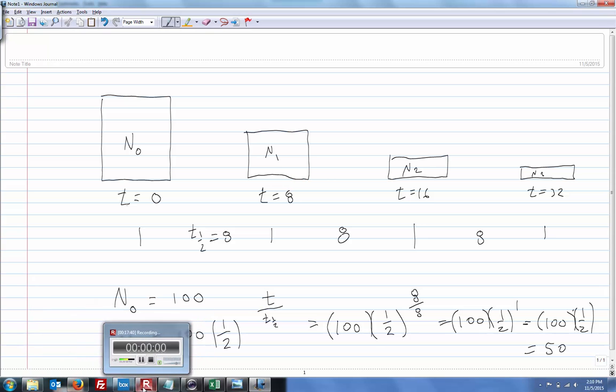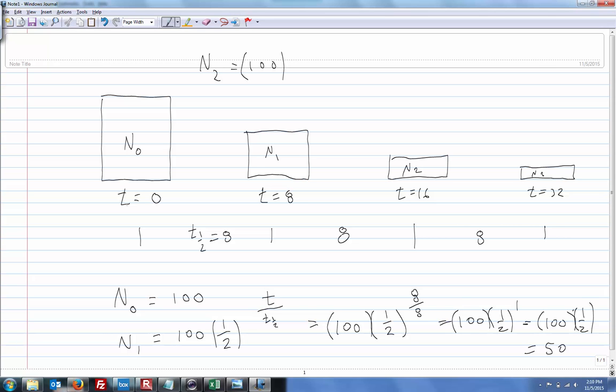Okay. So what if you did N2, would that be 16 over your half-life? Yeah, let's try it out. N2 we'll do really quickly. N2 equals 100, and then we're going to do 1/2, t equals 16, yep. And then you still have 8 in the denominator, equals 100 times 1/2 to the second power equals 100 times 1/4 equals 25.